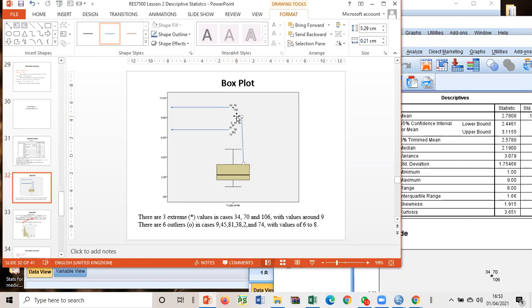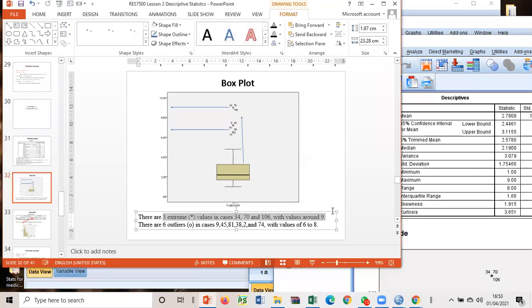But you don't have to go to that level of interpretation. Just say, as seen in the box plot, there are 3 extreme values in these cases with values about 9, and there are 6 outliers in these cases with the values ranging from here to here.